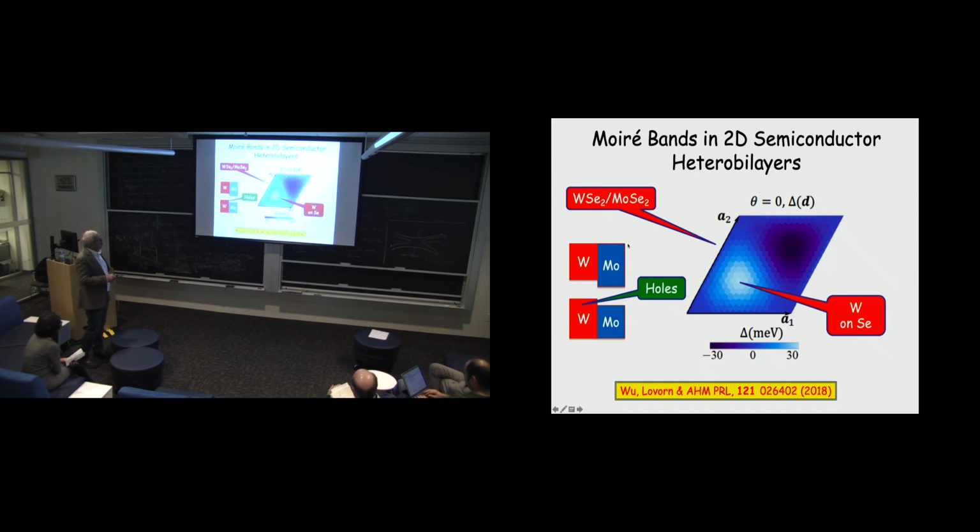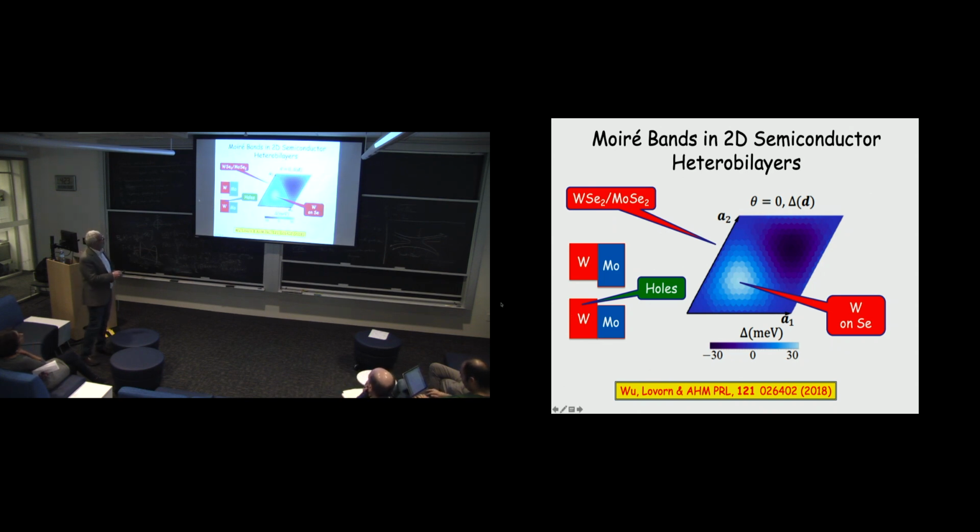So here's a way to actually estimate, to build a model of the electronic properties of these states at the top of the valence band of this heterobilayer when I form a Moiré superlattice.